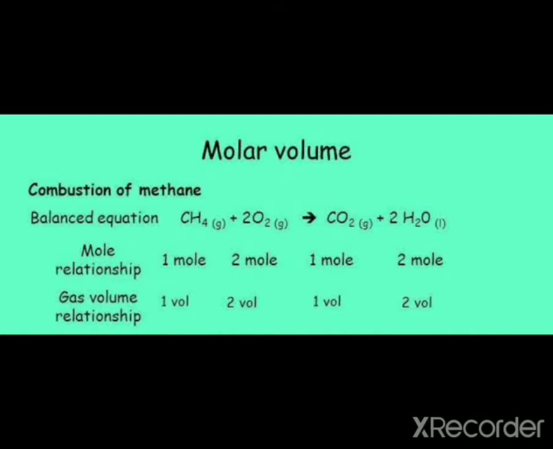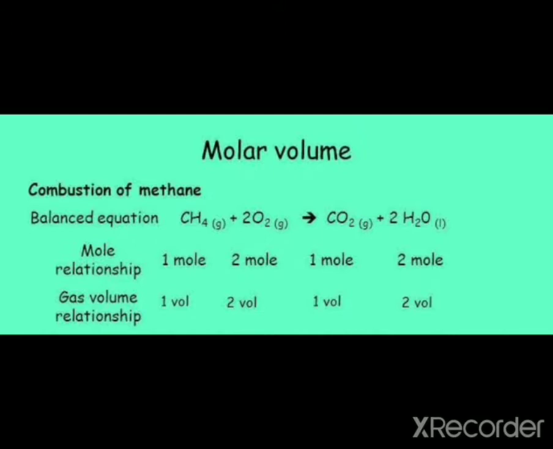Now in terms of molar volume, we can say that 22.7 liters of methane reacts with 2 into 22.7, that is 45.4 liters of oxygen to give 22.7 liters of carbon dioxide and 2 into 22.7, that is 45.4 liters of water.